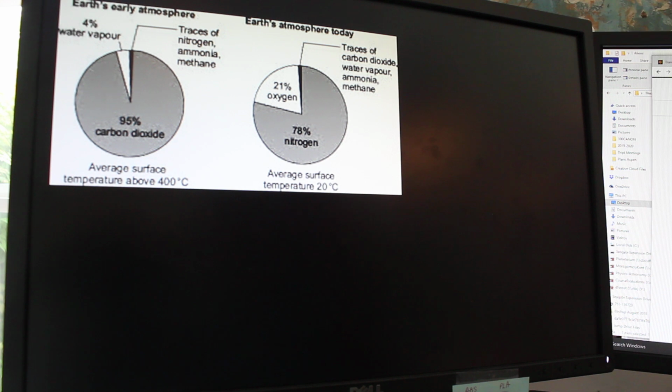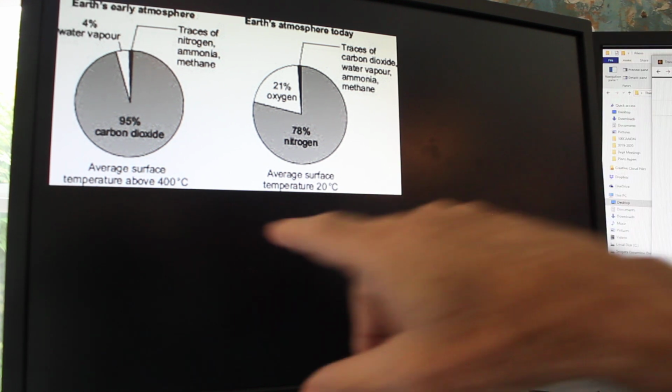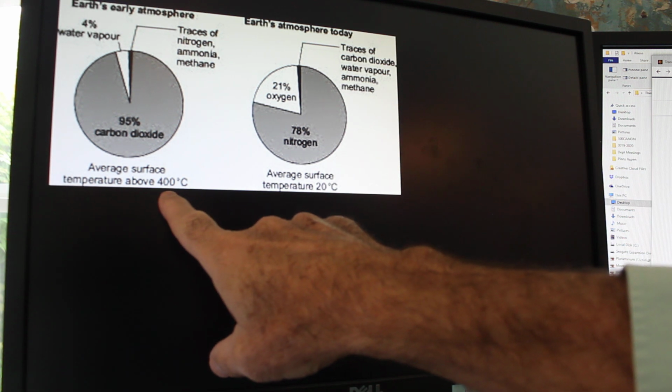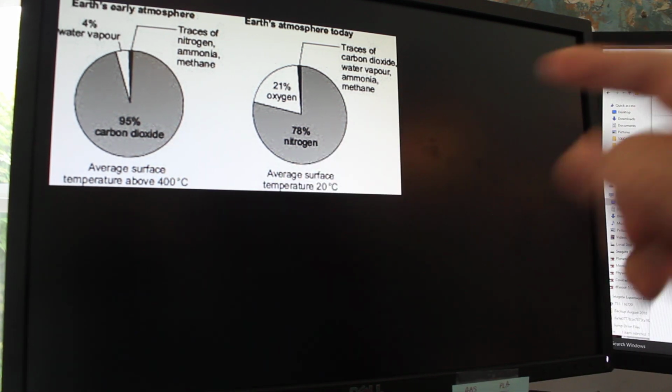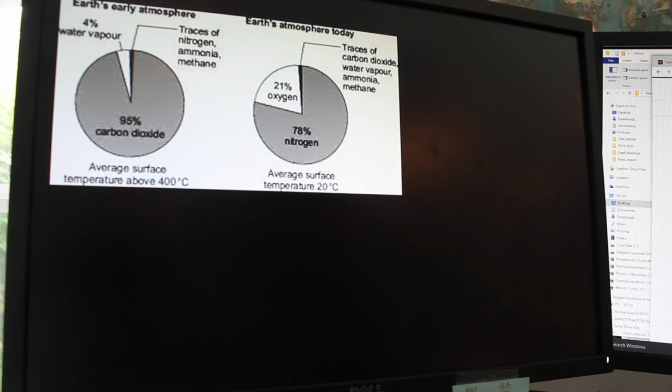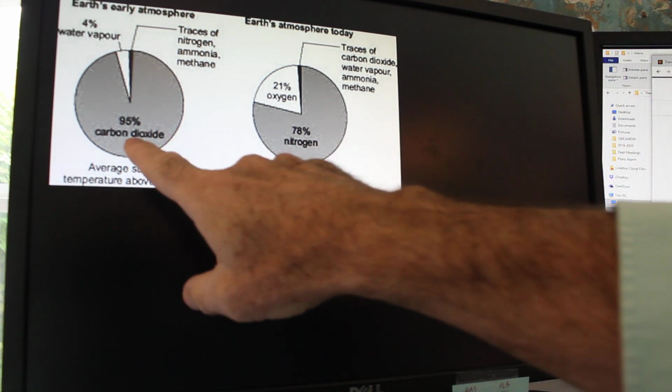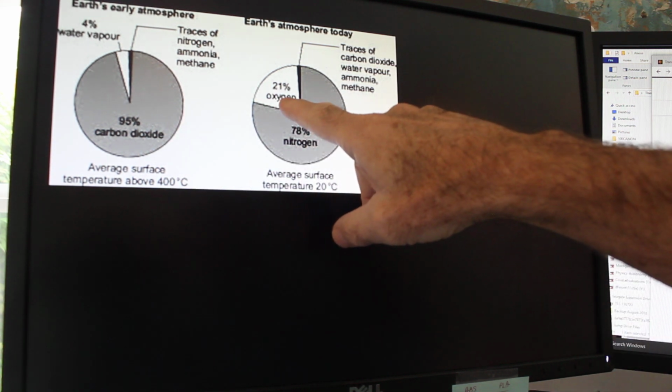But back then it would have been a really thick atmosphere, tremendously thick. And the surface temperature would have been super hot. So this would have been crazy. Humans like us couldn't live. But it took billions of years for this to occur. I mean, 2.5, 3 billion years. But all those single-celled organisms eventually turned our carbon dioxide atmosphere into an oxygen atmosphere.